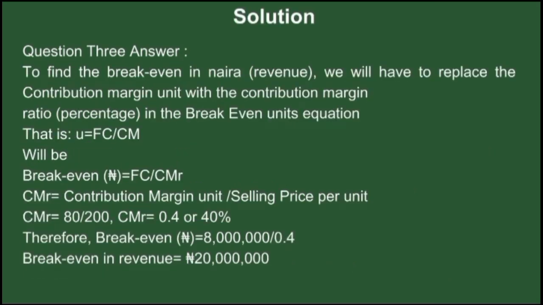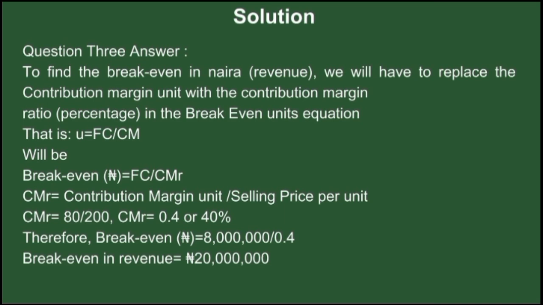Question number 3 answer. Now, to find the break-even in naira, we'll have to replace the contribution margin unit with the contribution margin ratio, or contribution margin percentage, that is CMR instead of CM.